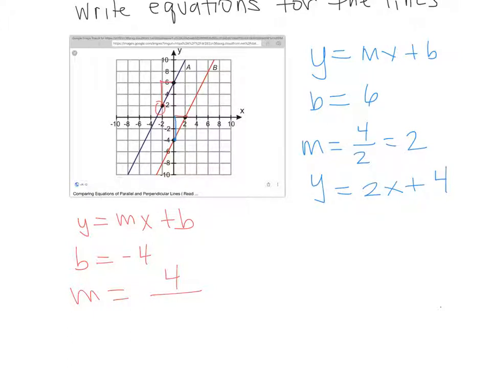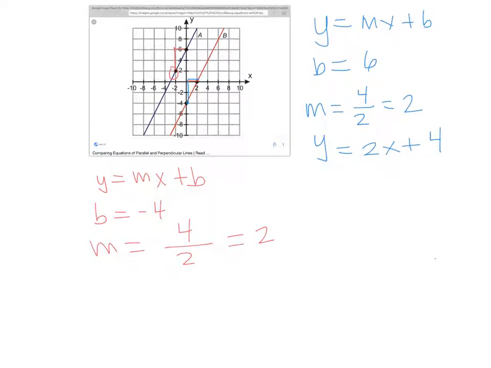So the change in x is 2. So that's the denominator. So again, we get a slope of 2. And the equation for this line is y equals 2x minus 4.